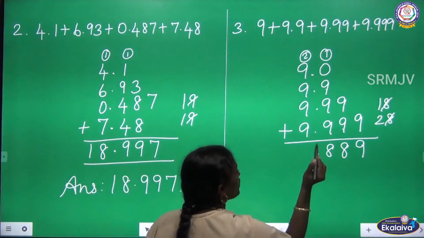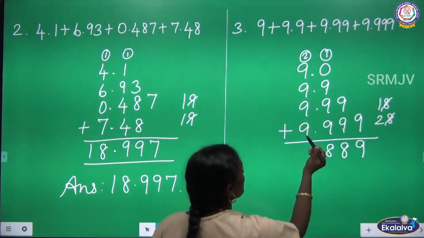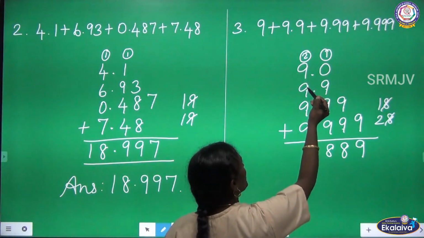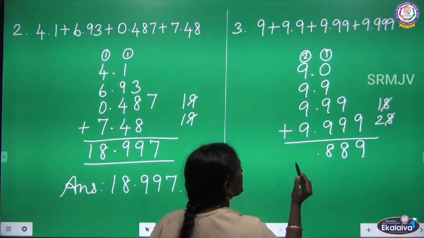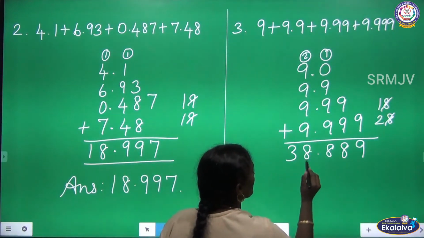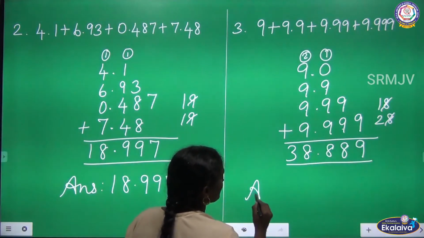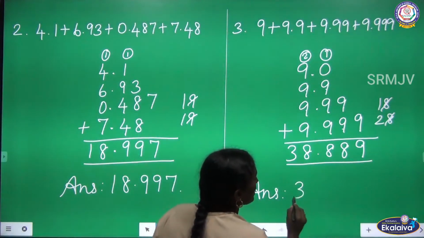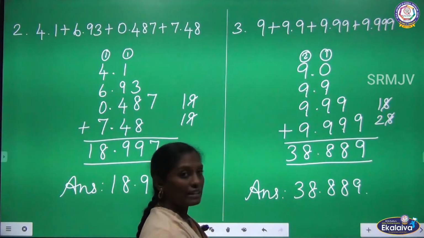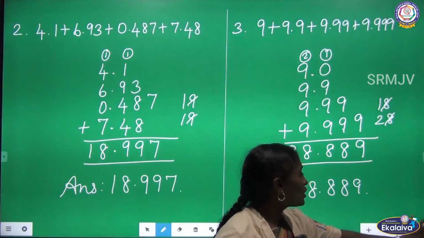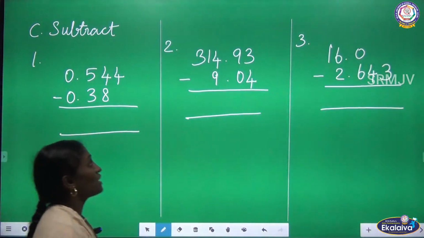Before that, we have to keep the decimal point. Here 9 plus 9, 18. 18 plus 9, 27. 27 plus 9, 36. 36 plus 2, 38. So the answer is 38.889. Was it clear?